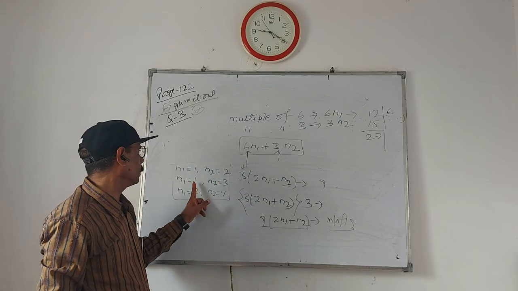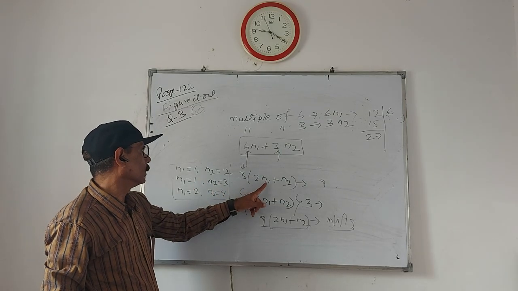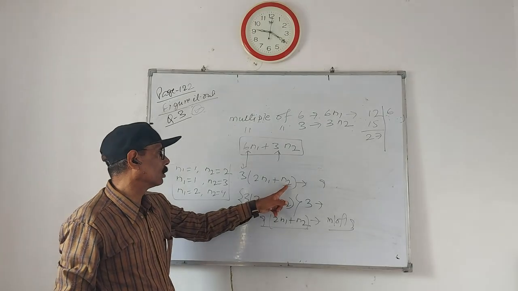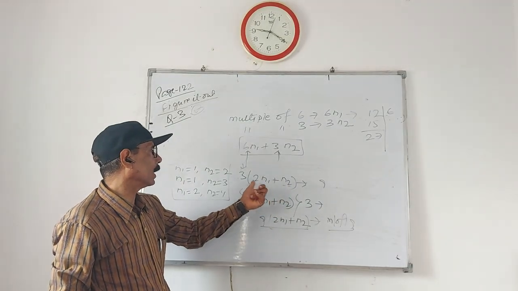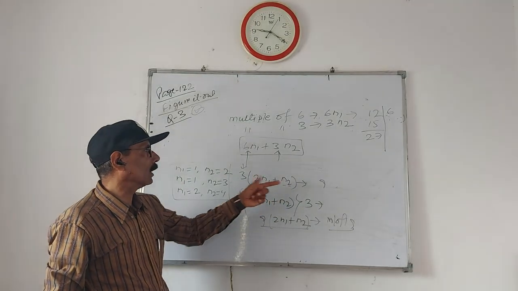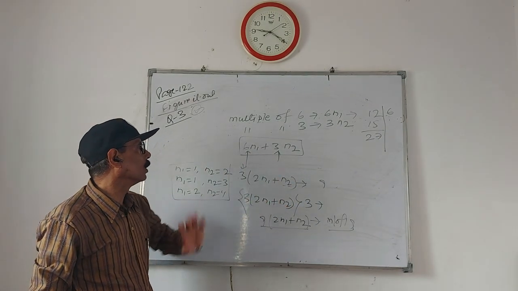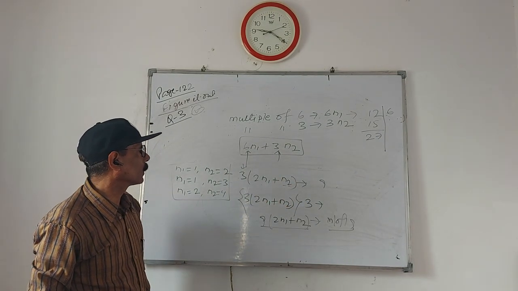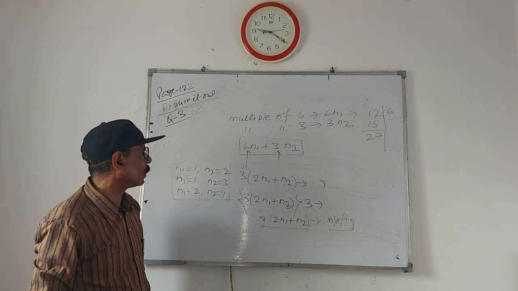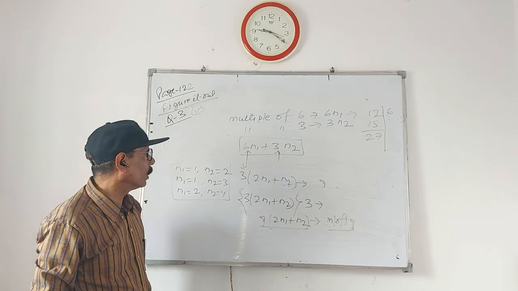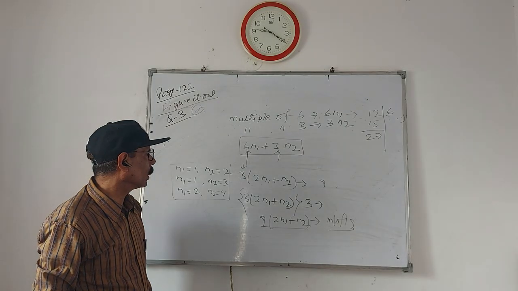Okay, if you give 1 and 3, so 3 plus 2, 5, 5 3 ja 15. Understood? Yes sir, 15 is not a multiple of 9. Okay, so for any value of n1 and n2 we are not getting a multiple.